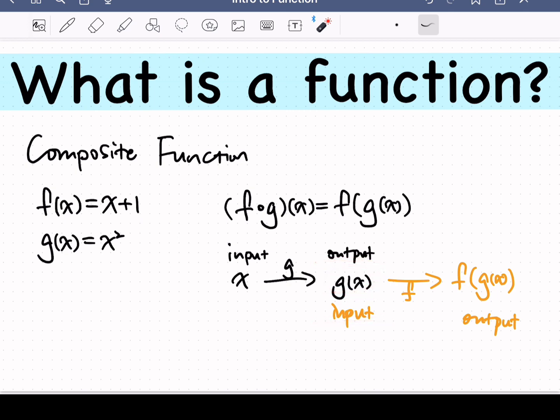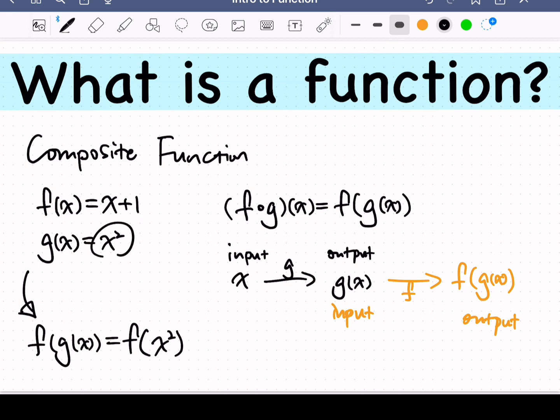The order is you always start from the function that's closer to x. When you compare f and g, g is much closer to x. So you plug x into g first, and then you plug it into f. So f of g of x for this example is going to be f of x squared. That's the output of g(x) when you plug in x.